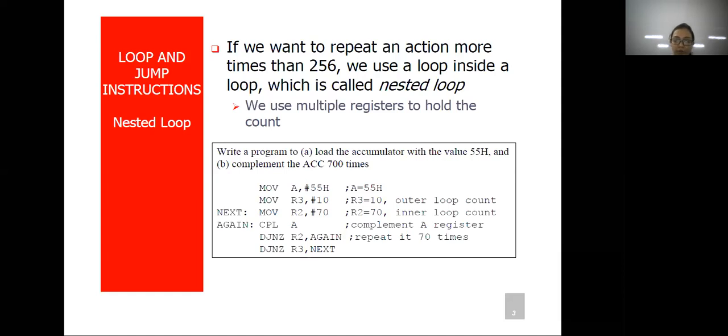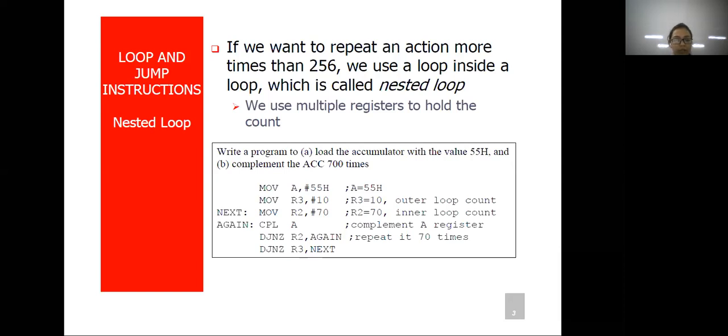But if you want to run your loop more than 255 times, then at that time we use the concept of nested loop. We use the nested loop, a loop inside a loop concept, in order to divide your count, because the count limit is only up to 255. Let's take an example here.